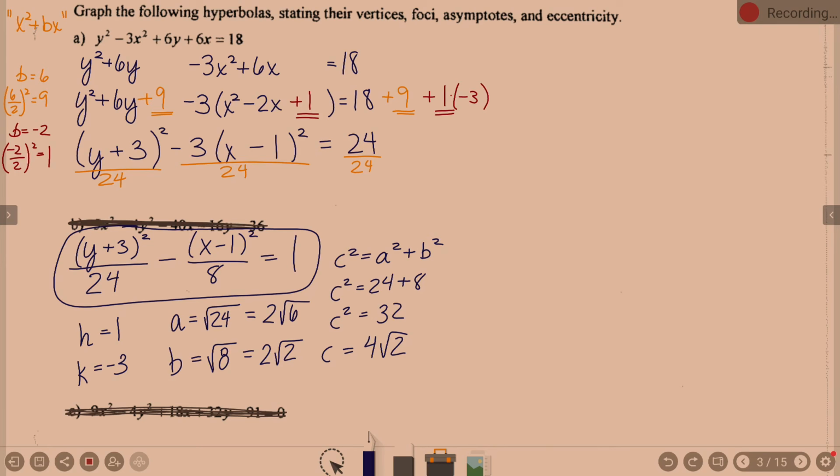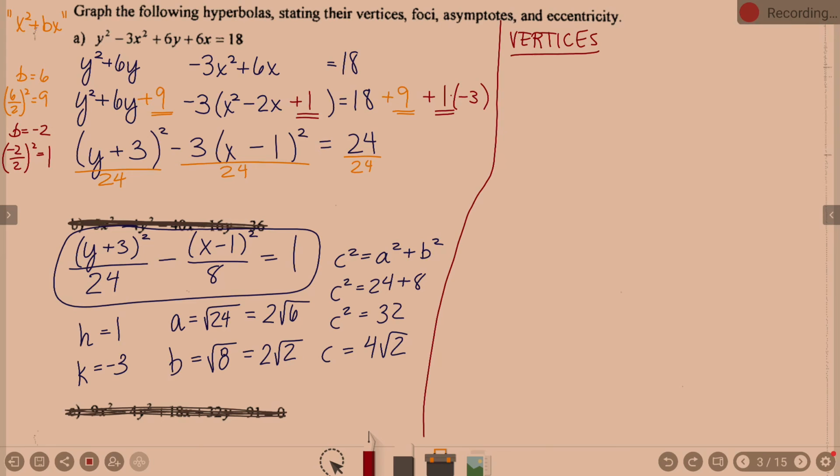Okay, we have our ABCs, we have our H and K. Finding all the rest of this stuff should be a breeze, piece of cake at this point. So let's see, what do we need? Okay, vertices. What's my formula for vertices?